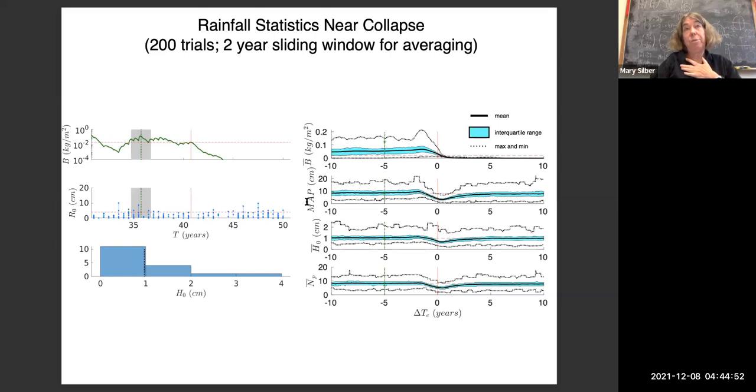I would have liked if we could say it's also associated with a change in the typical storm strength. It is, but it's also associated with a change in the number of storms. So this is the kind of diagnostic we can look at associated with these collapse events.